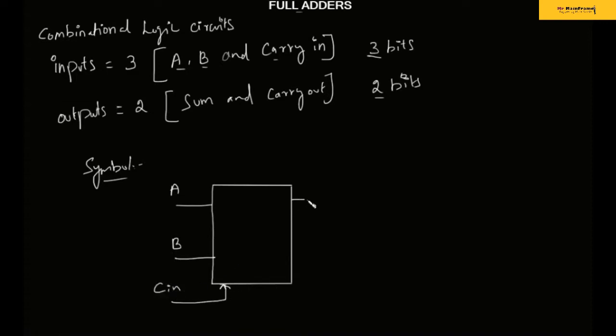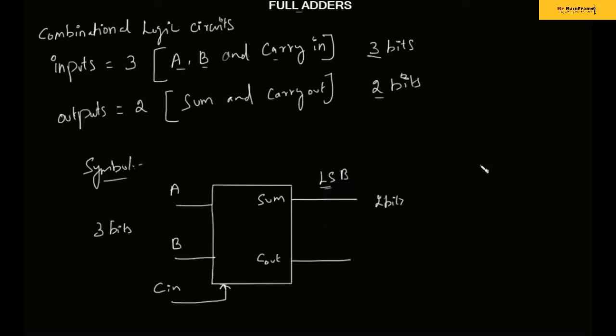So this is the sum and this is the carry, the next one. As far as the half adders are concerned, there is no carry in. So we have 3 input bits. A and B can be added and that can be given to the carry in. The carry in can be taking the bit further, that is why.